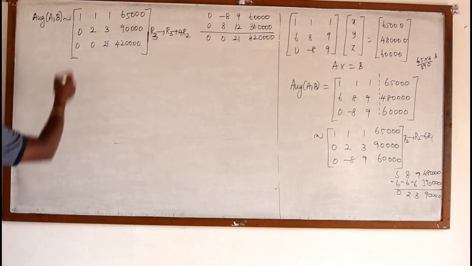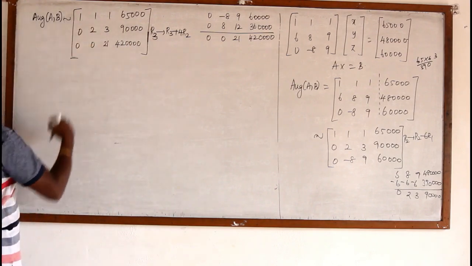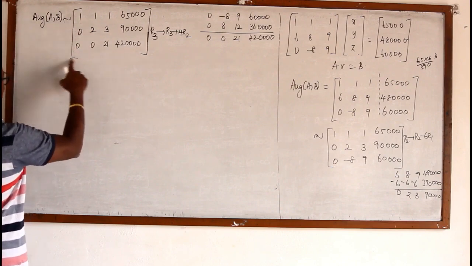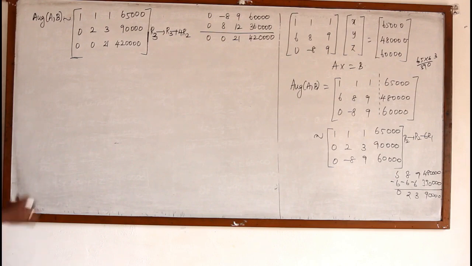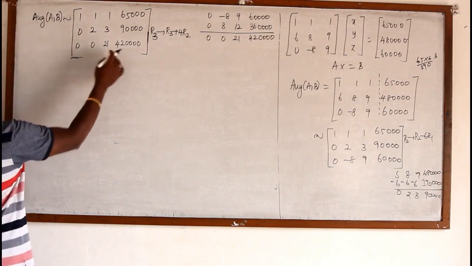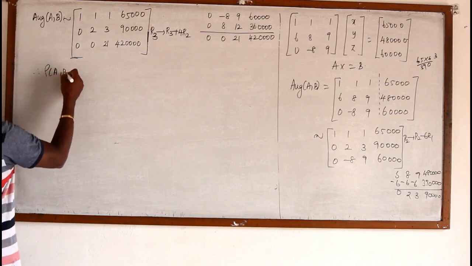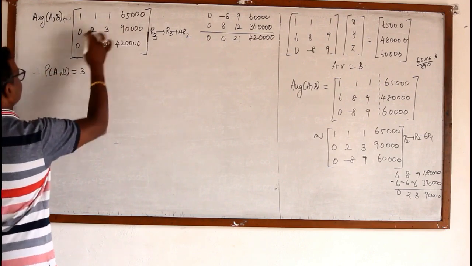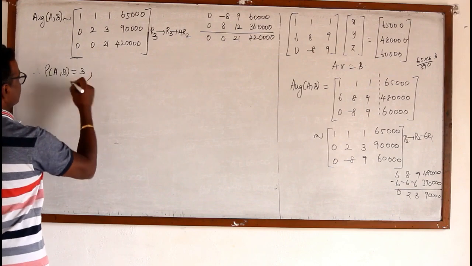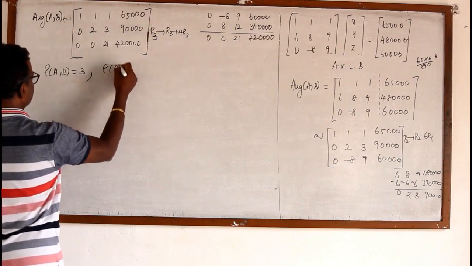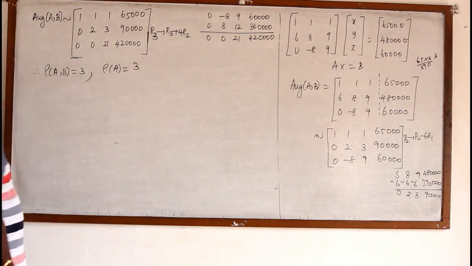Now, we came into echelon format: 1, 1, 1, below that 1, 0, below that 2, 0. Therefore, no more reduction is possible. Therefore, we reached the echelon form or Gaussian form. Therefore, rank of AB is 3 because in 3 rows there are non-zero numbers. When I omit the last column, it becomes A and that matrix rank is also 3.